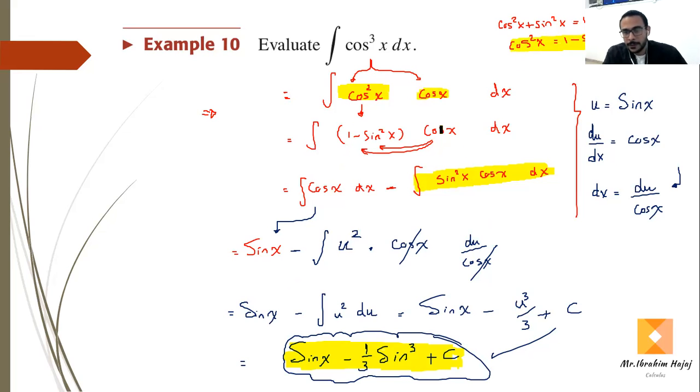Cross again, distributive property: cosine x minus cosine x sine squared x. We replace the sine x by u. Find the derivative, cosine x dx. Replace, cancel cosine, and it turns out to be the normal integral of u squared, which is u cubed over 3 plus c. Any questions? This is the last example in our lesson, guys.